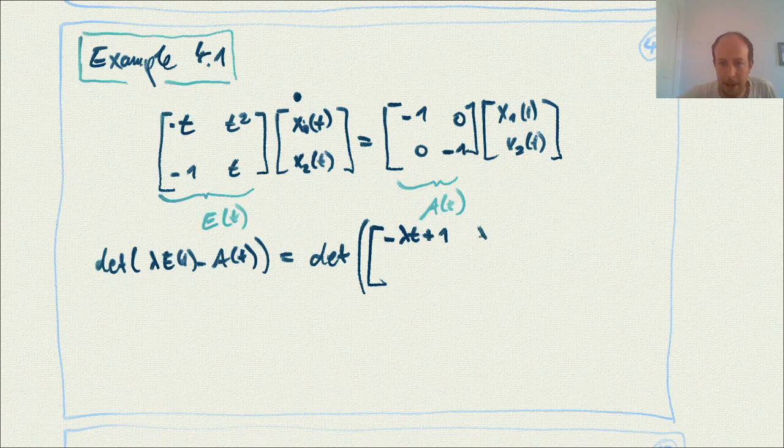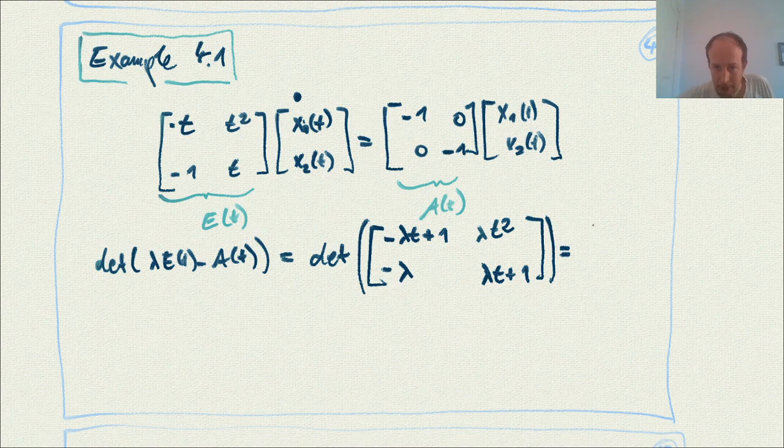Here we will have λt squared, here we will have minus λ, and here we have λt plus 1. So we need to compute the determinant of that, and this is like main diagonal minus anti-diagonal.